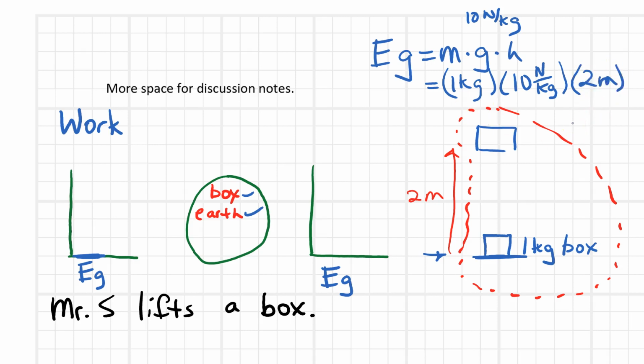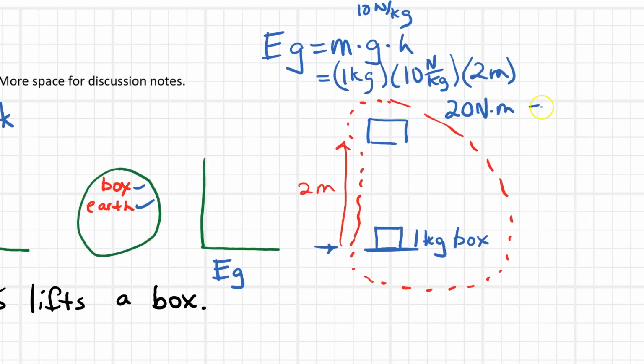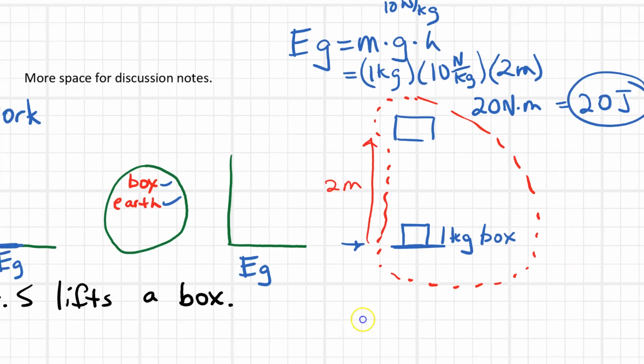Some units would cancel out, and we would get 20 newton meters, which is the same thing as joules. So we're going to get 20 joules afterwards of energy.